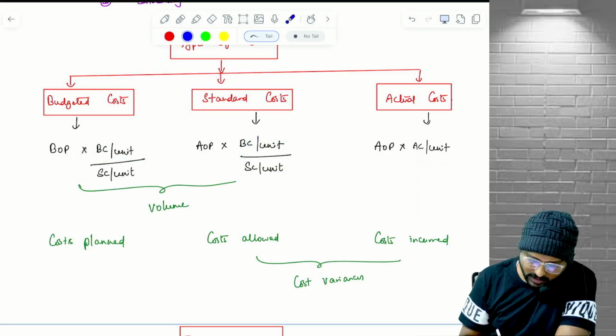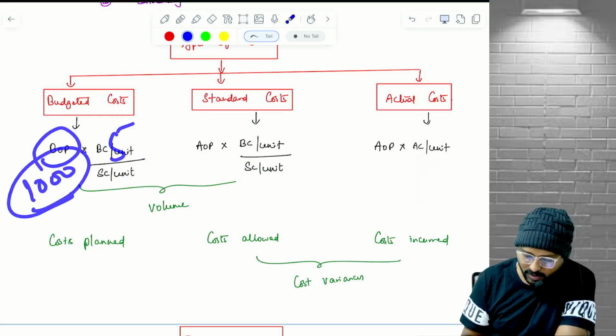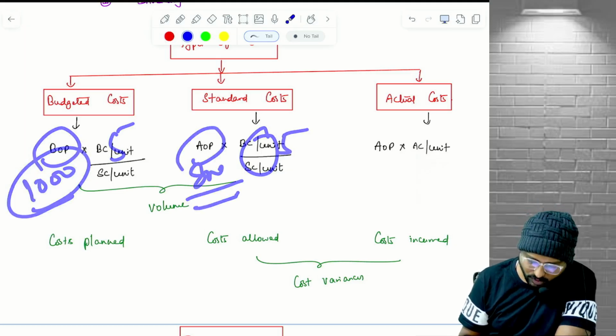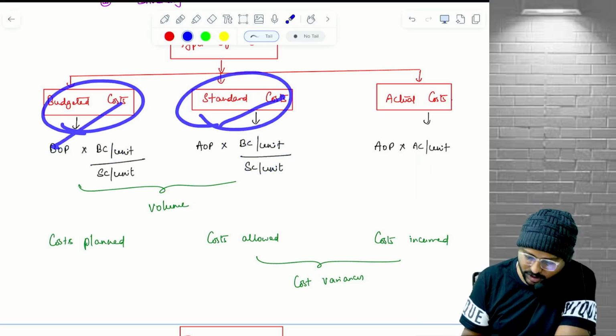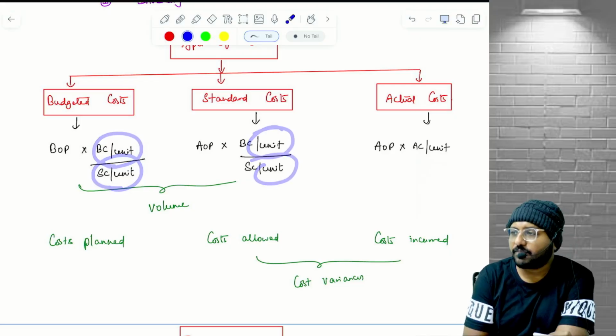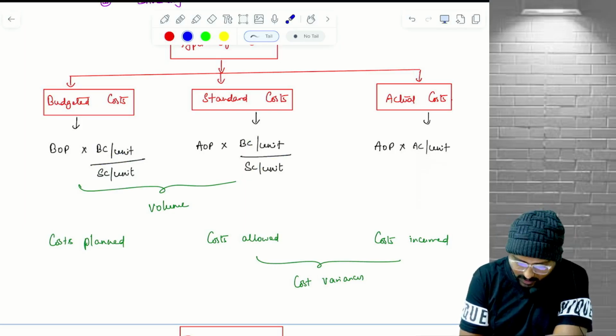But in total, why there is difference? Because this 5 rupees will be multiplied with 1000 units, which is budgeted output. The same 5 rupees will be multiplied with 800 units, which is actual output. Therefore, when it comes to total, it will change. But when it comes to per unit, they are same. Are you able to get me? When it comes to per unit, they are same. Am I clear? Everybody? All right, chalo.